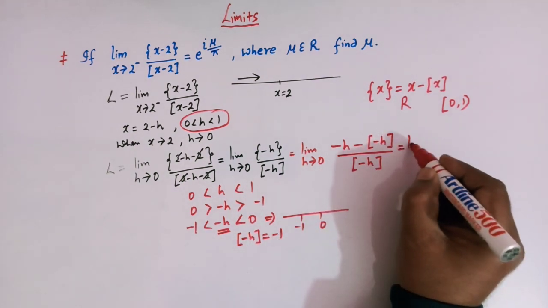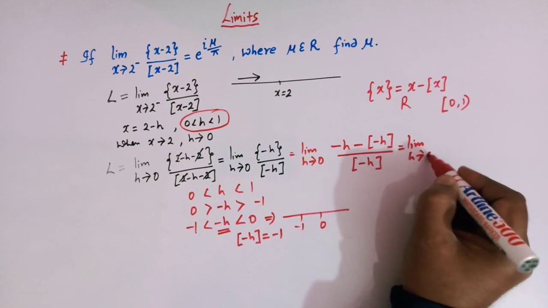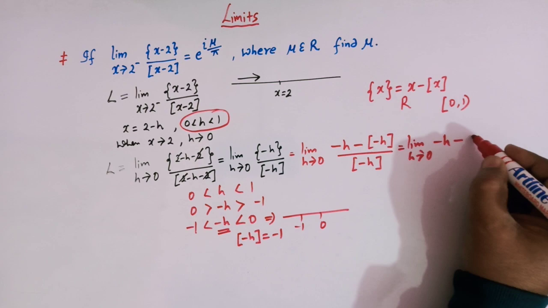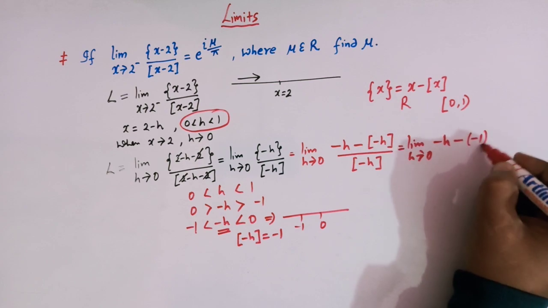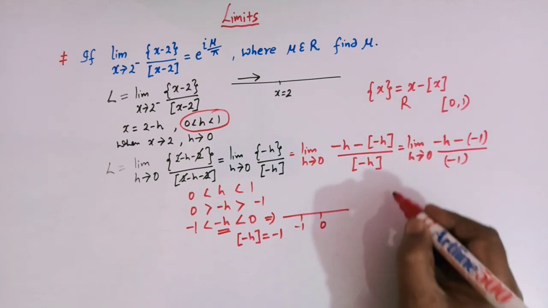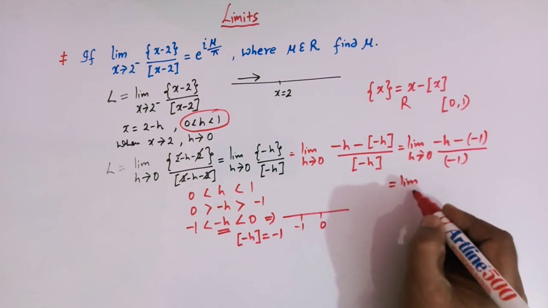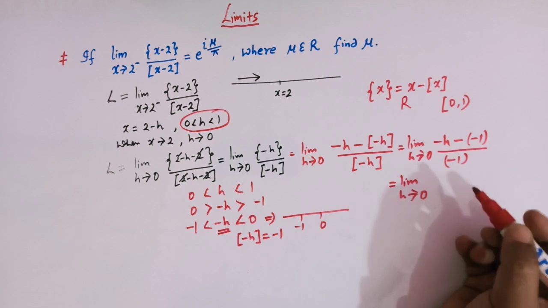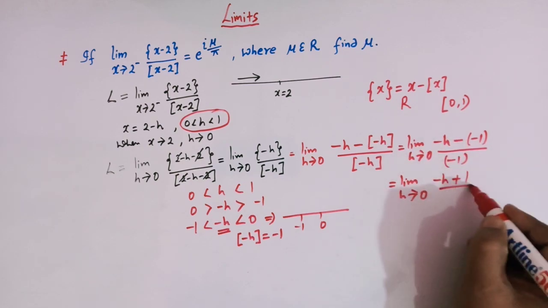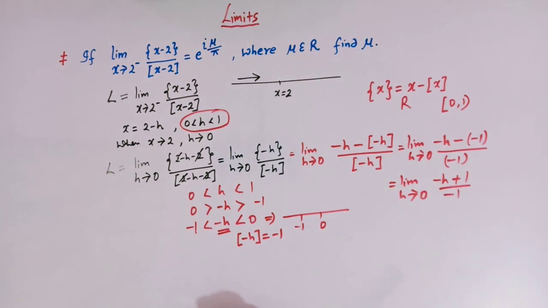So we have limit h tends to 0. Here we have minus h, and then we have minus, and here we have minus 1 divided by minus 1, right? So simplifying it, we have limit h tends to 0, this is minus h, this is plus 1, and we have here minus 1, right?